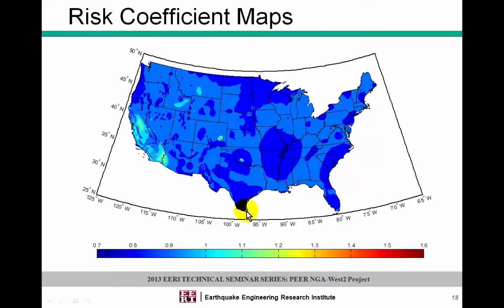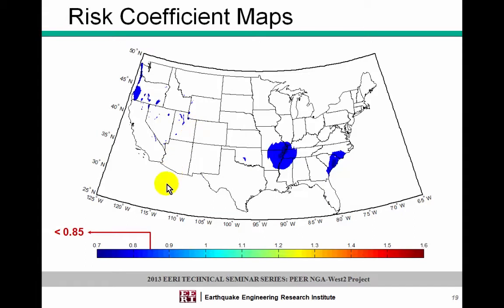Okay, so this is just a map for the contiguous US of these risk coefficients, and I'll actually quickly go and show you just the places where the risk coefficient, that is the ratio of risk targeted to uniform hazard ground motions, is less than 0.85. So this is where going to a risk targeted ground motion approach reduces what you would do compared to our old 2% in 50 uniform hazard approach.